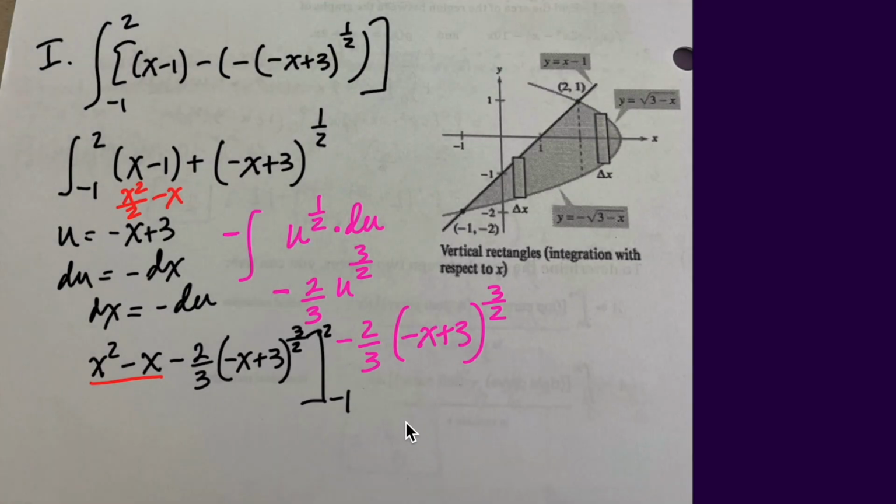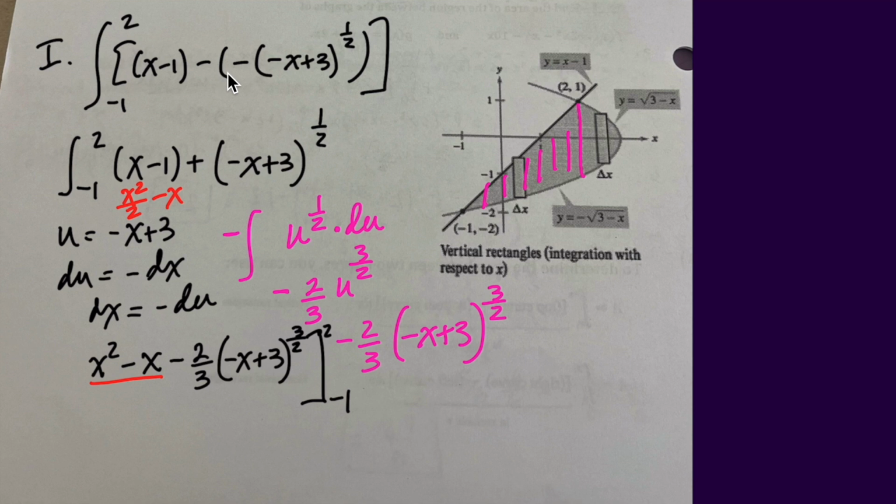Let's now proceed with part 1 of the integral. So part 1 is going to involve this section here. So we're going to go from x equals -1 to x equals 2. We're going to have the linear function on top of the curved function. Here's our linear function right here.